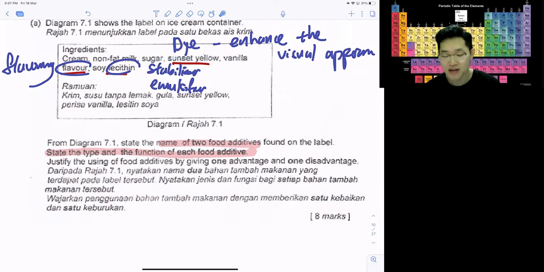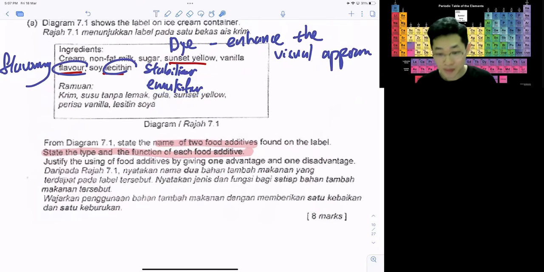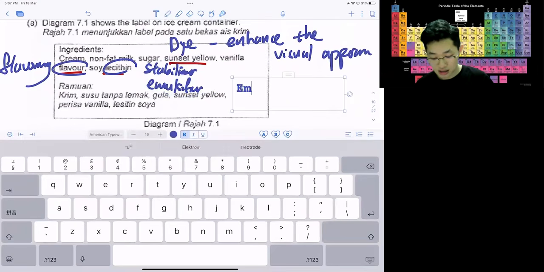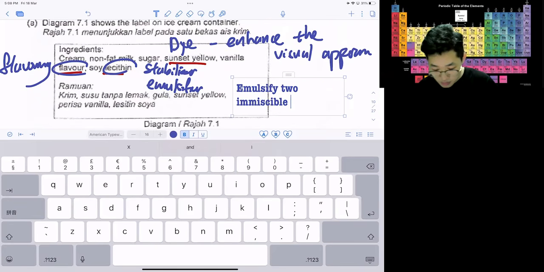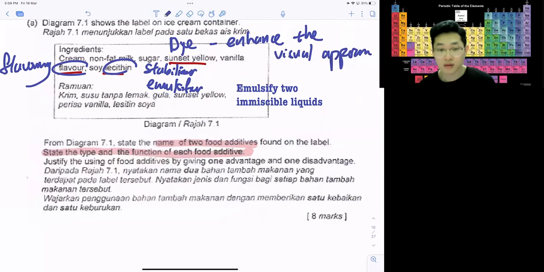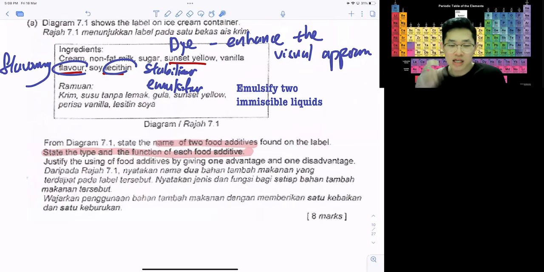Smooth texture. Emulsifier is to emulsify immiscible liquid. Let's say you forgot to spell this word. You can say emulsify two liquid that cannot be mixed together. Also can.